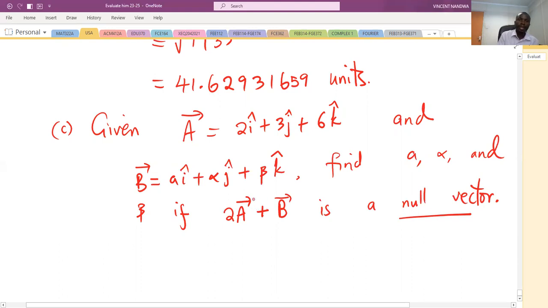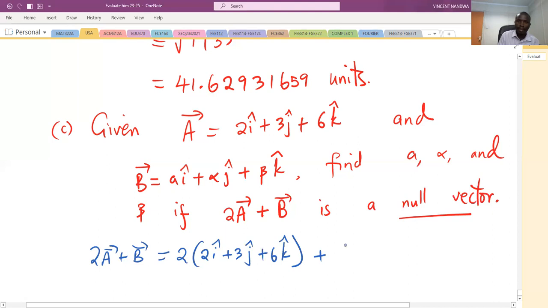So therefore, to find the solution, let's get the sum first. 2a plus b will be twice (2i plus 3j plus 6k) plus b, which is ai plus alpha j plus beta k.